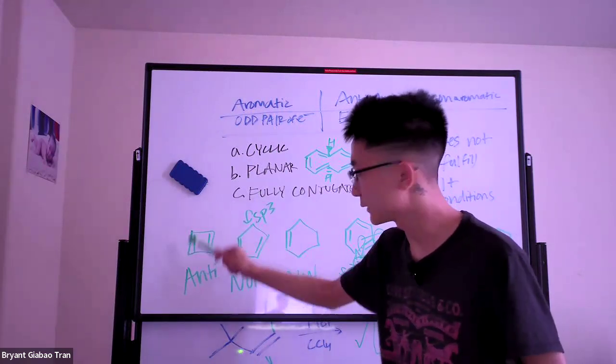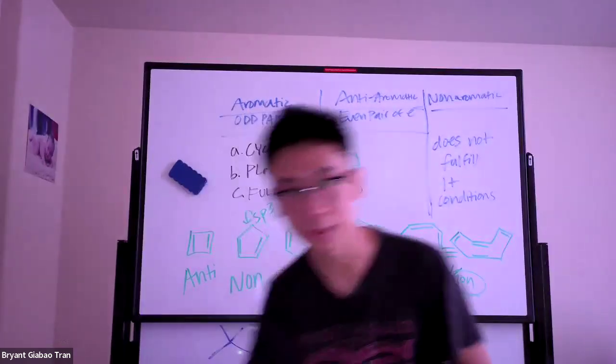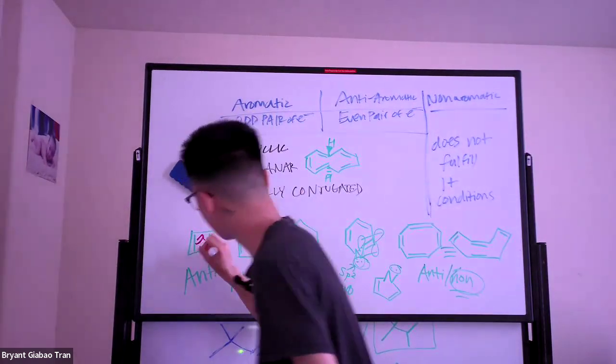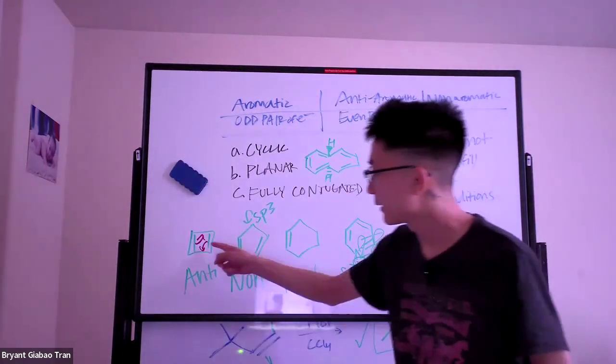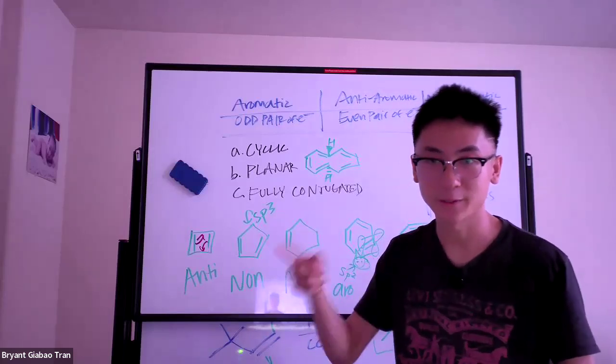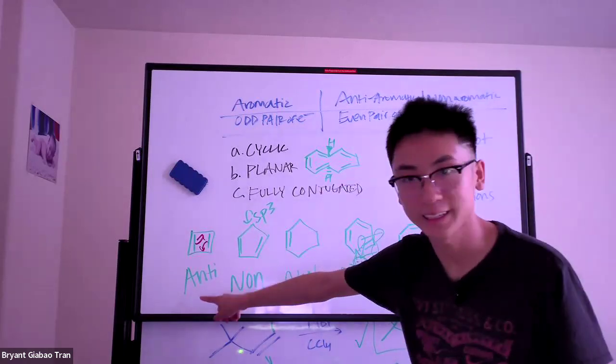And now we have to see how many pairs of electrons are doing resonance with each other. We see that this pair of electrons can do resonance, that pair of electrons can do resonance like that. That's 2 pairs of electrons doing resonance with each other. 2 is an even number. So this is anti-aromatic.